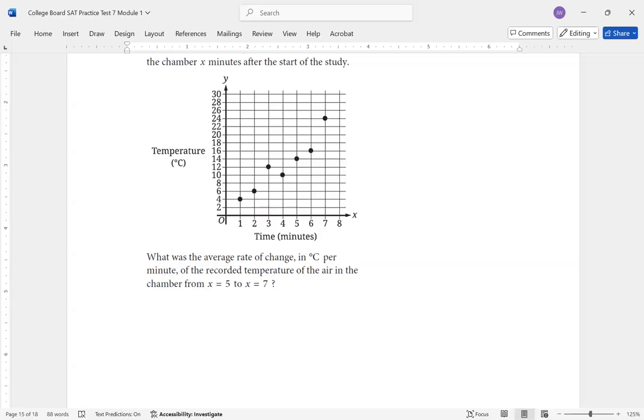Well, this requires me to understand what average rate of change is. It's basically the average change from one point to another. Now, the two points we're going to be talking about have X values of 5 and 7. If you look at the point which has X value of 5, we get (5, 14) as that point. The other point is the one that has X value of 7. That is (7, 24).